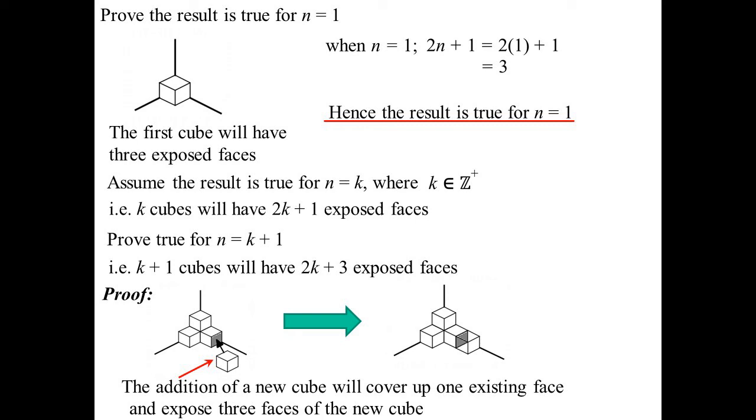So there's the shaded one, it's now been covered up, but we now have 3 more faces. So the number of exposed faces for k plus 1 cubes must be the number of exposed faces we had for k cubes, minus 1, 1 disappeared, plus 3. Well, we assumed it was 2k plus 1, so let's subtract 1 and add 3, and we get 2k plus 3. And that's what we were trying to prove.